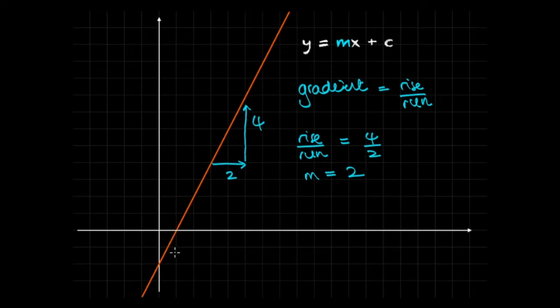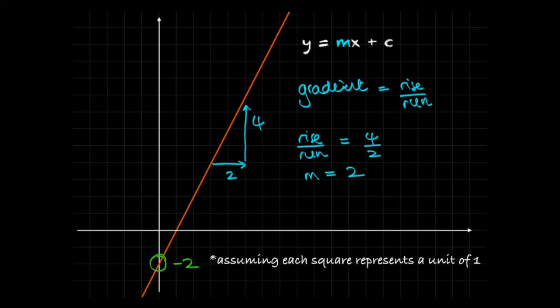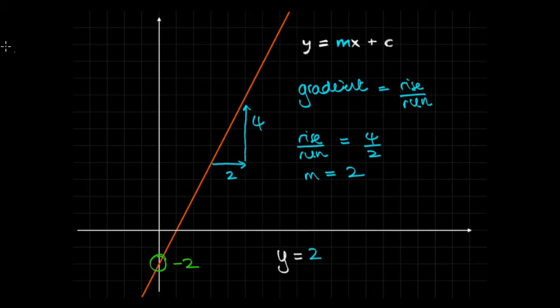If we look down here, we see that the y-intercept is minus 2, and so our equation for the line is y equals 2x minus 2.